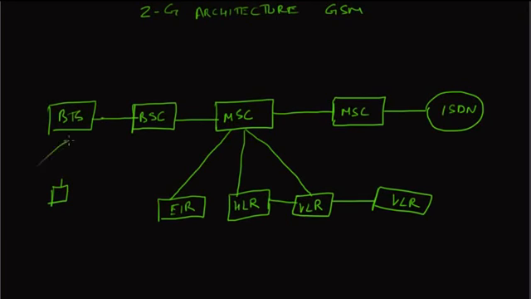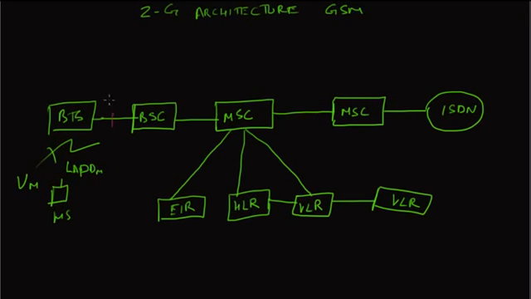Let's look at the Um interface. Um interface is the interface between mobile subsystem and the BTS, and the protocol between them is LAPDm, which means it is specifically modified for GSM.